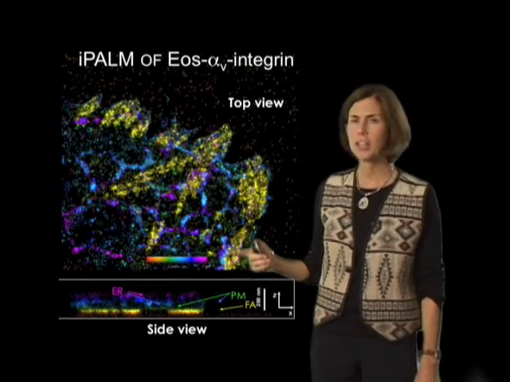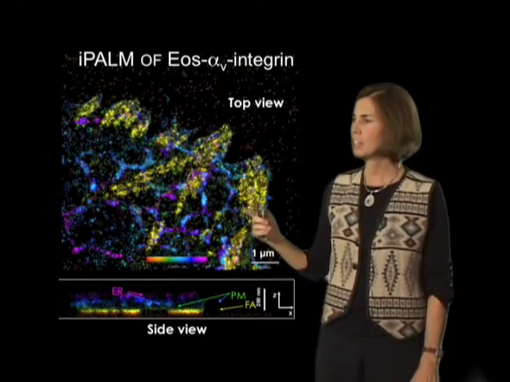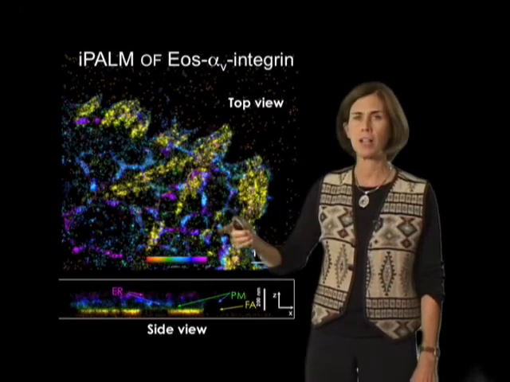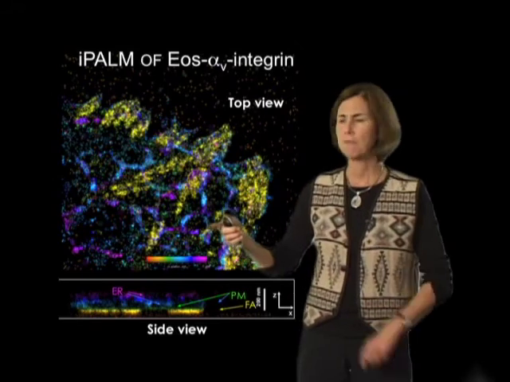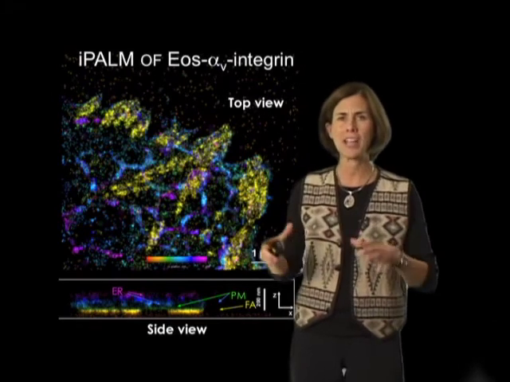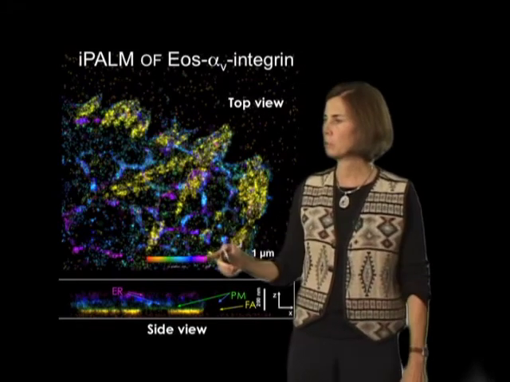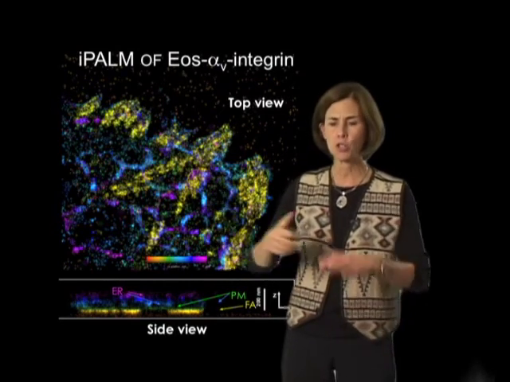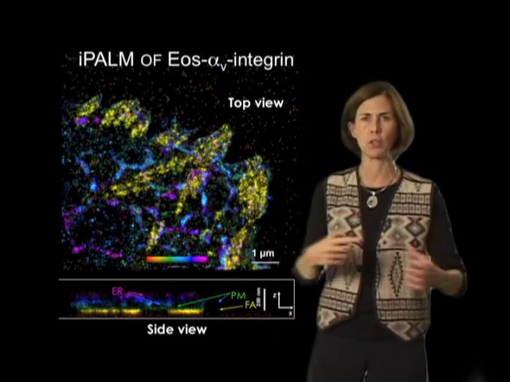Now what's particularly interesting is that you can see that different positions of the molecule in Z have very different spatial organizations. So for instance, the molecules that are color-coded purple and blue are all found in structures that have this tubular reticular pattern.